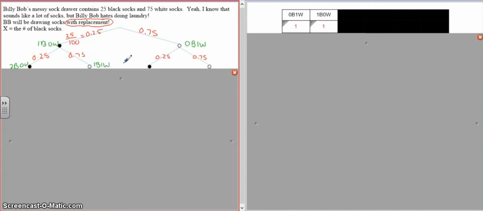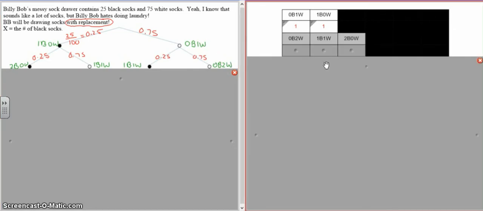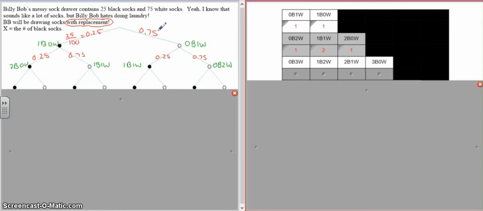This branch here would also be 1 black, 1 white, and this branch here would be no black, 2 white. So again, looking at the number of branches, there is 1 branch that had no black, there are 2 branches that had 1 black, and there is 1 branch that had 2 black. Now in Unit 2, that's as far as we went, which was drawing 2 items.